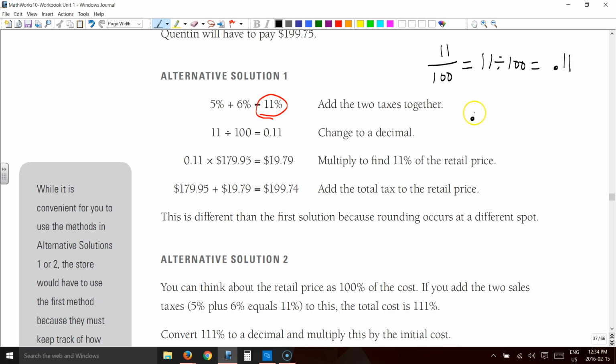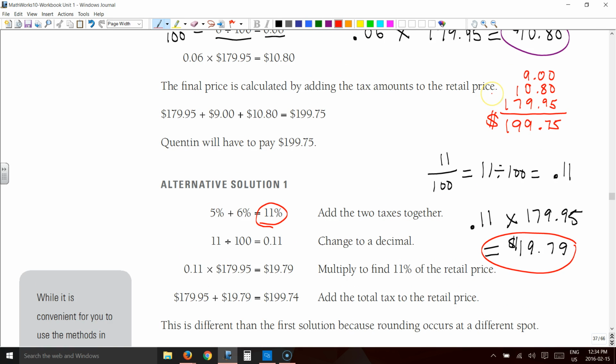So we're going to take 0.11 of 179.95. When you punch that into your calculator, we find that it is $19.79, which is no surprise, because that amount in total tax is 11%.